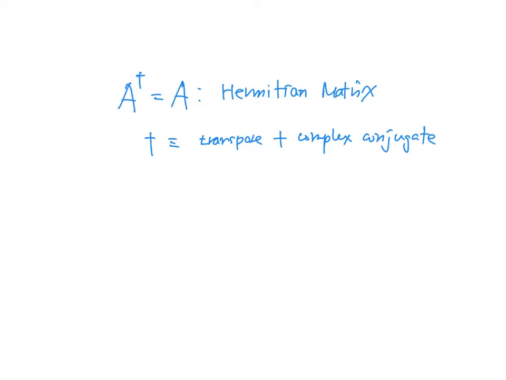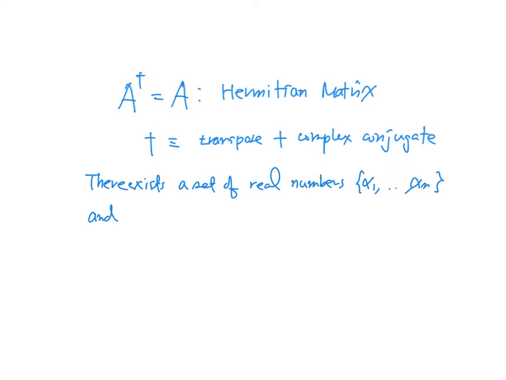Then I stated the theorem that there is a set of real numbers alpha 1 to alpha n, and an orthonormal basis of vectors, which I used e_i, oh, I think I used a lambda, right?